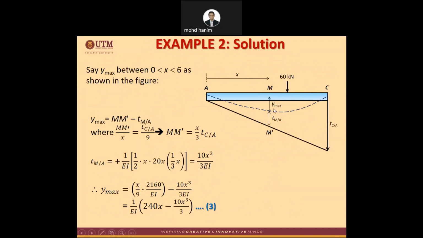Okay, in this case, y max, again, this is trigonometrical relationship. Y max equal to MM dash minus tME here.